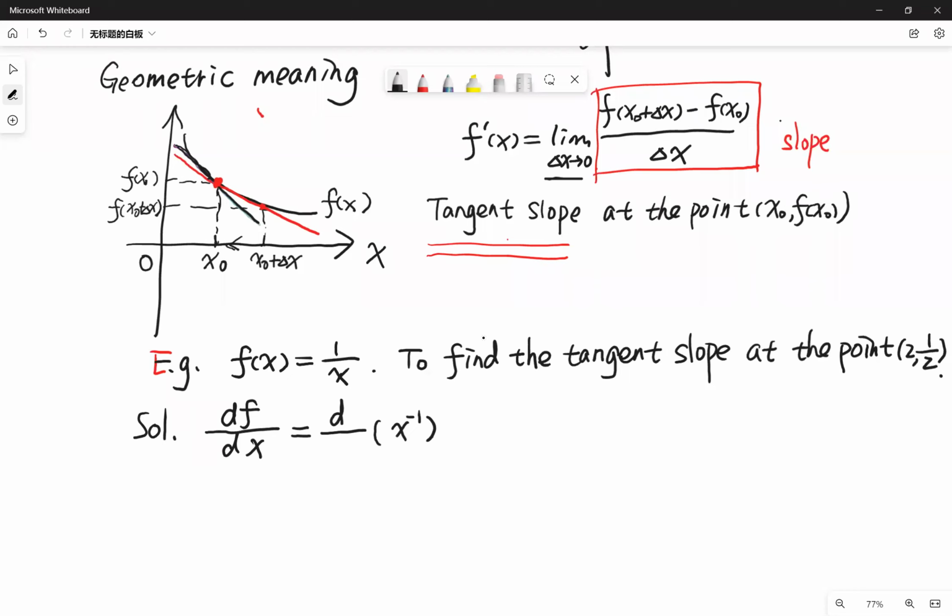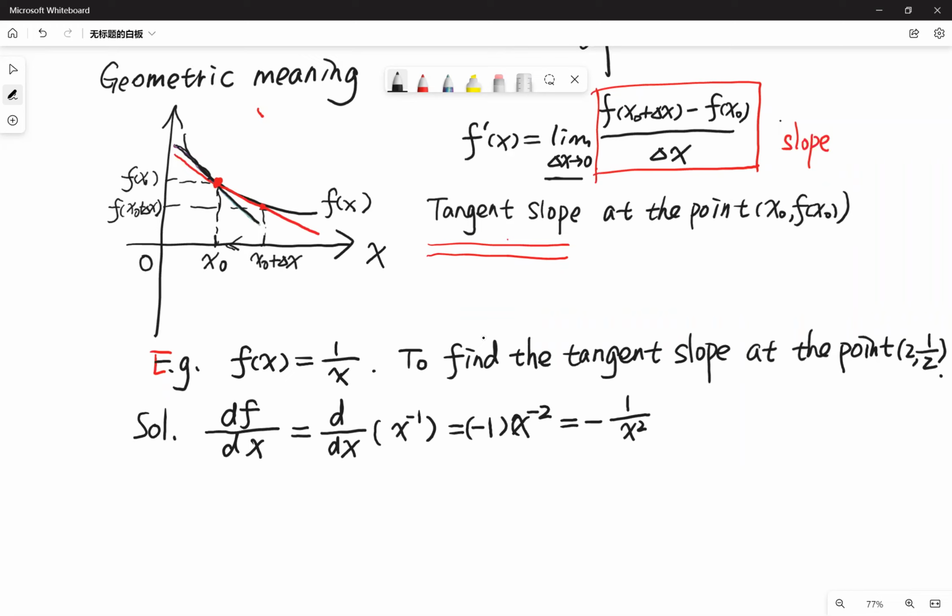We can use the formulas which have been introduced. This is equal to minus 1 by x to the power of 2. Often we write it in this form: minus 1 by x squared.